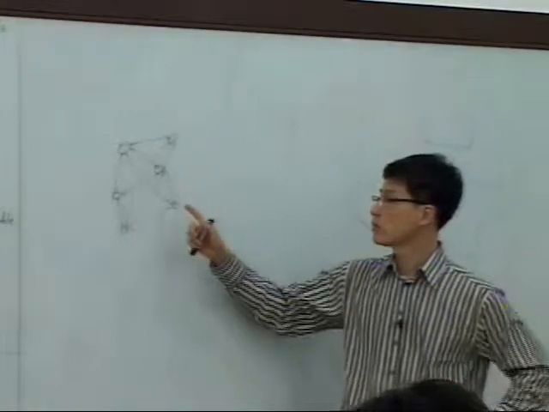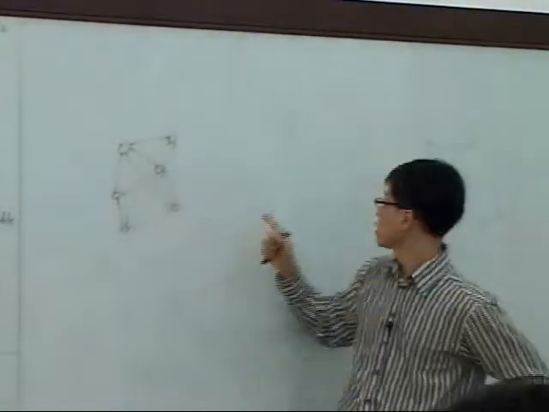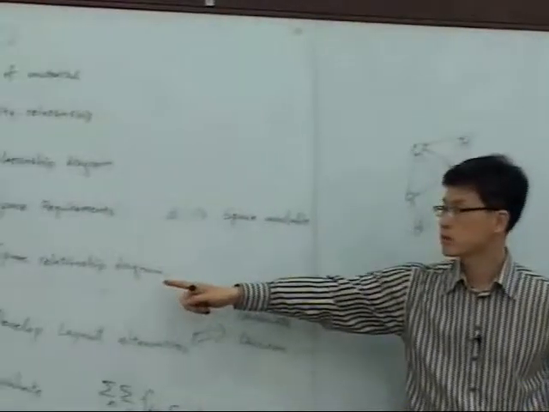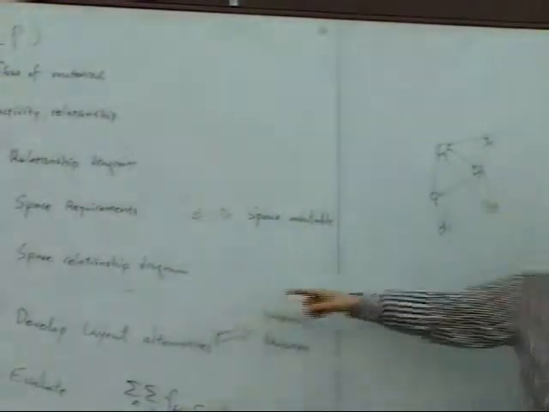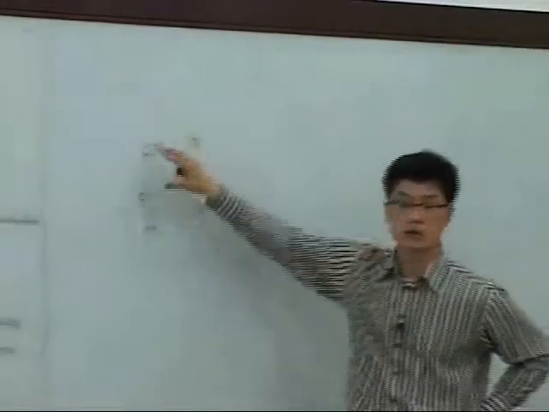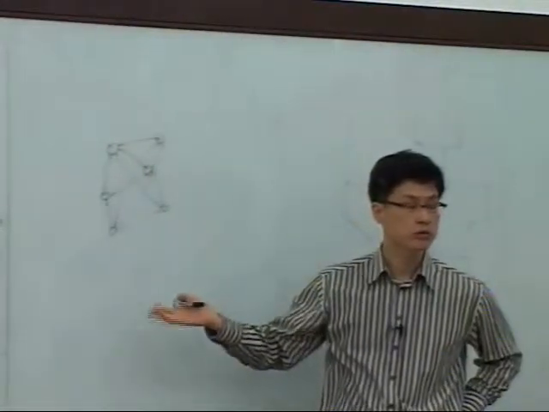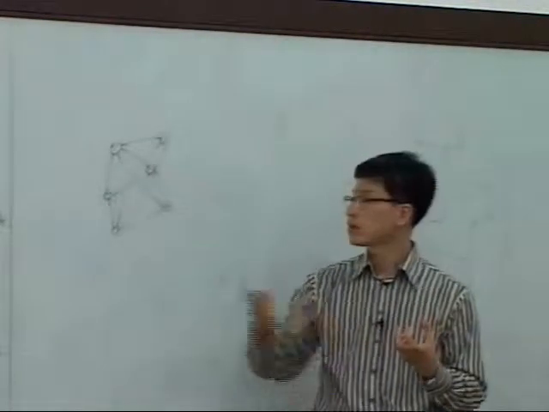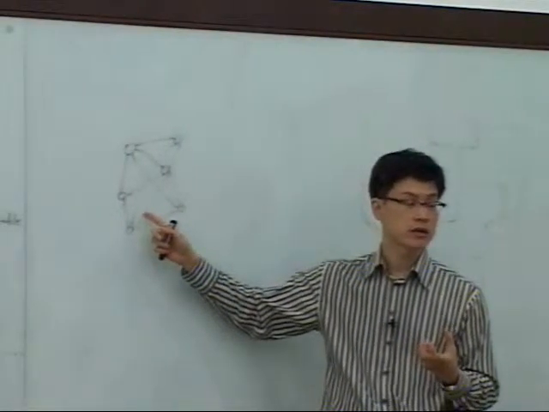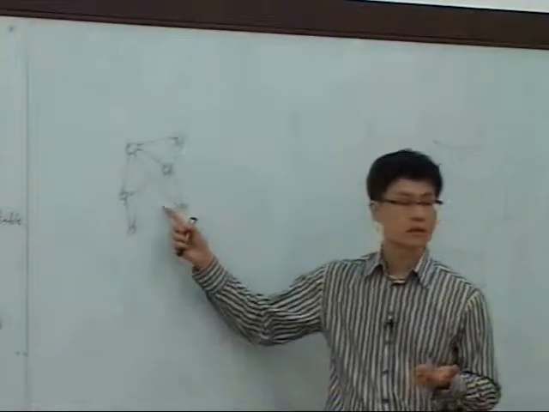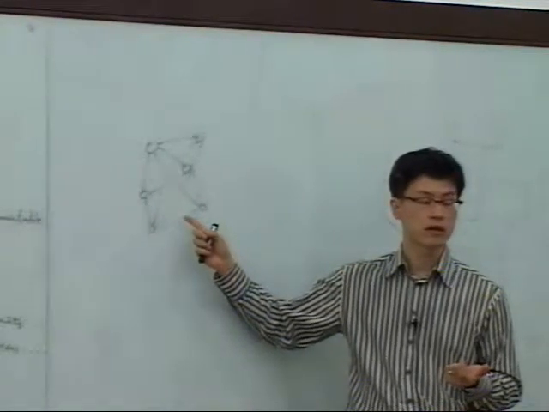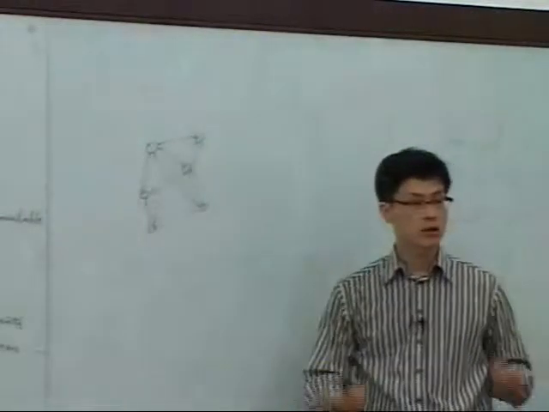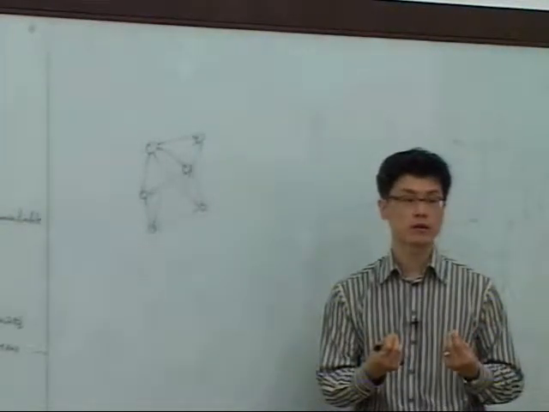So, for example, you did this, and as I mentioned, based on the space requirement, your next step will be space relationship diagram construction. So you will make the departments bigger according to their space requirement. If it's not clearly done here, you cannot make a nice layout, because those lines mean the affinity, right?